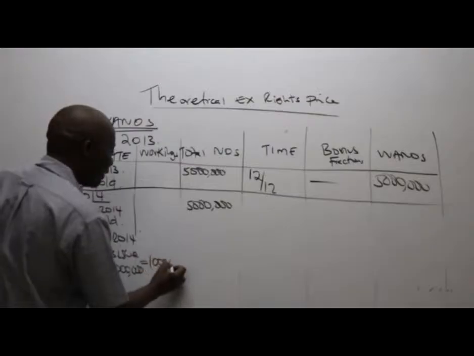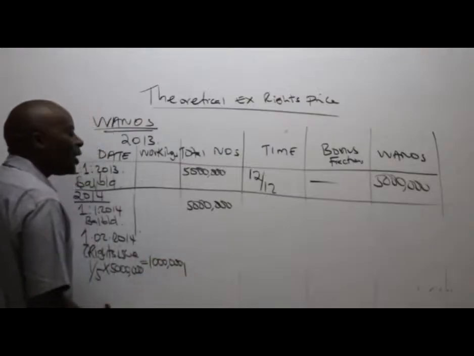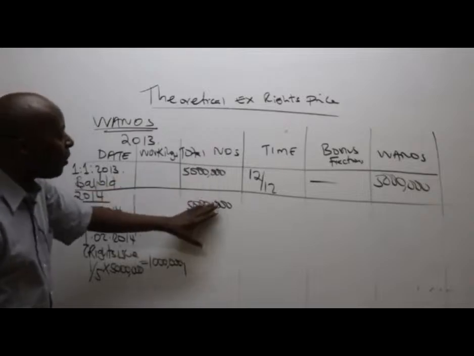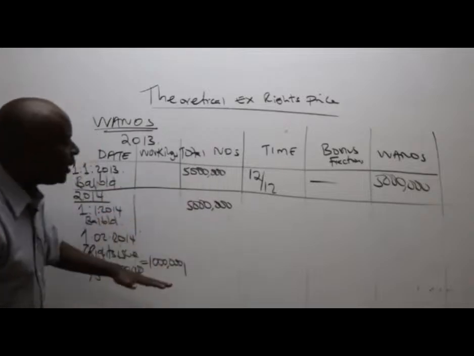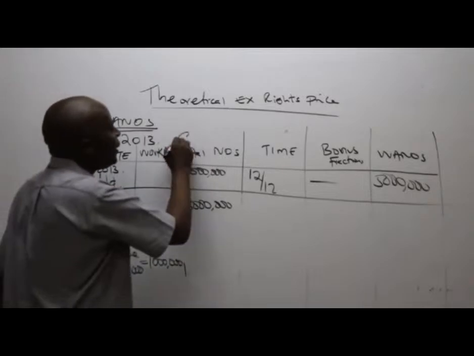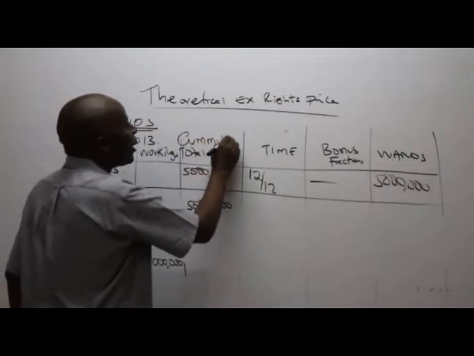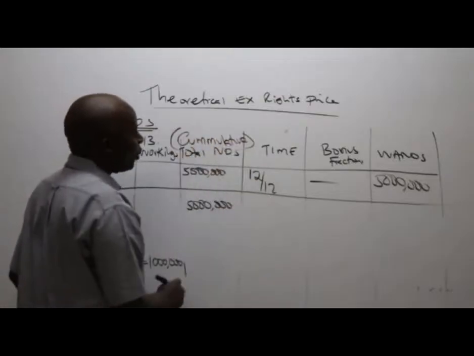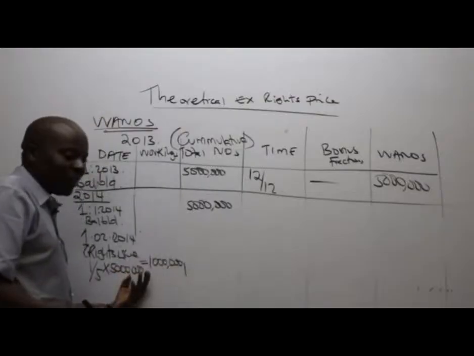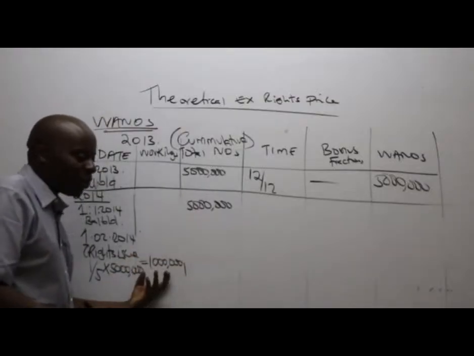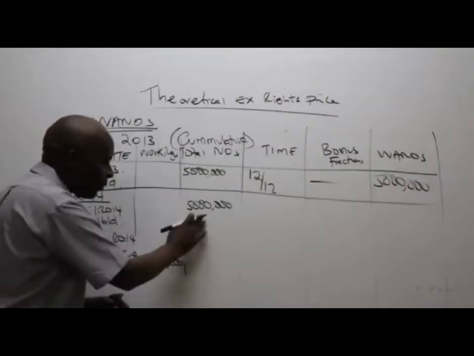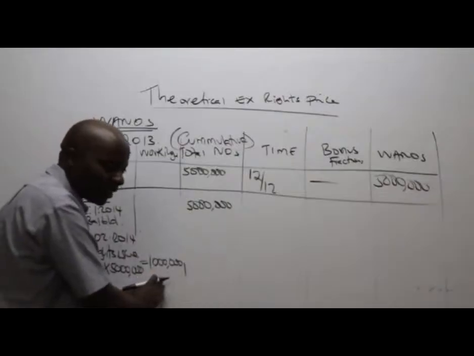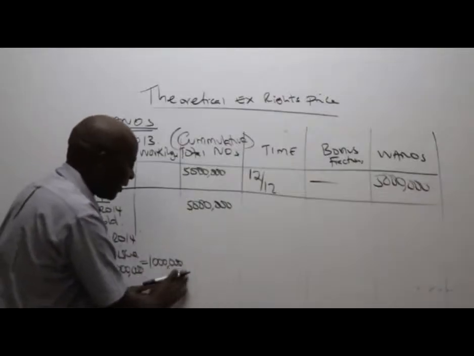But I appreciate what that student is trying to tell me. The student is trying to tell me that this column normally takes the total, the cumulative. So 5 million plus a million gives me how many shares in total? 6 million. Thank you very much.